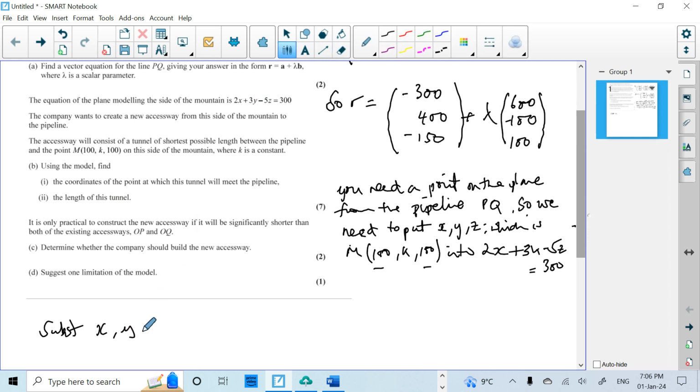So substitute x, y, and z for m, x, y, and z.